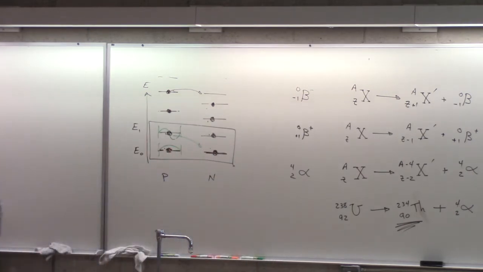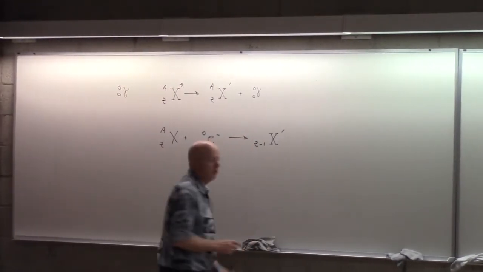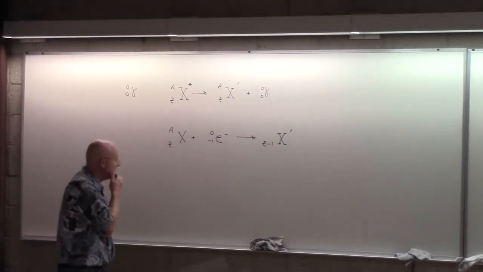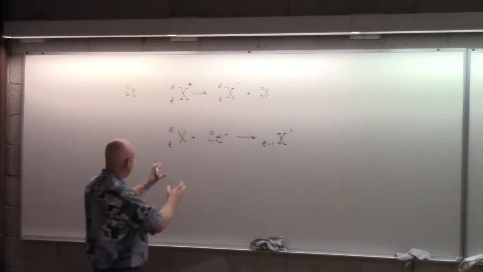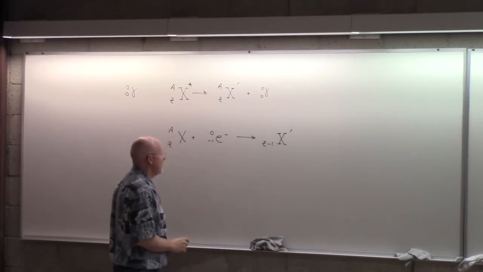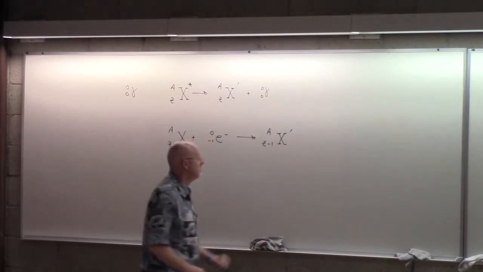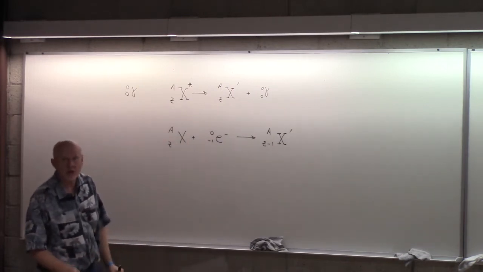And so what ends up happening is the daughter then becomes one less proton, because we have changed a proton into a neutron. And of course, the number of nucleons doesn't change.